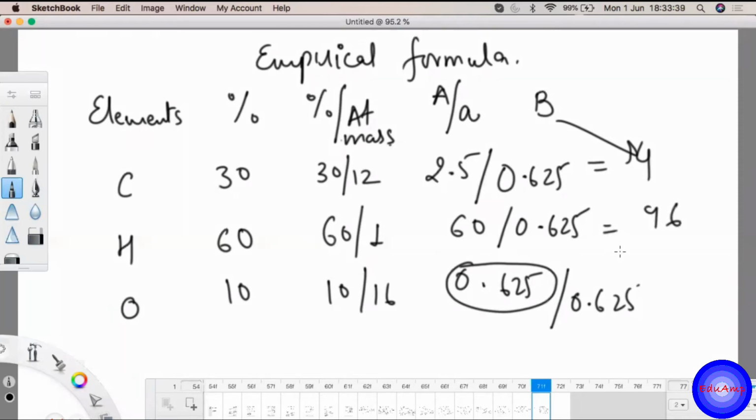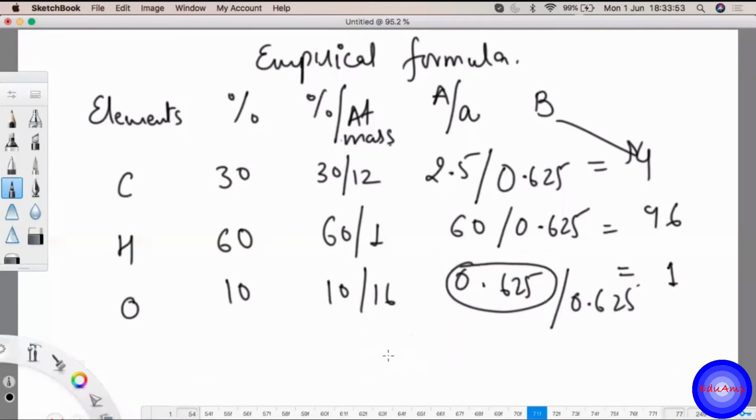And 0.625 divided by 0.625 is 1. All good? So your empirical formula would be C4H96O1. This formula is not correct because I just assumed the values.